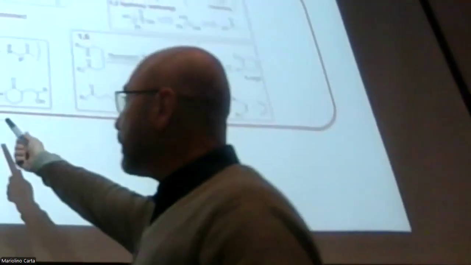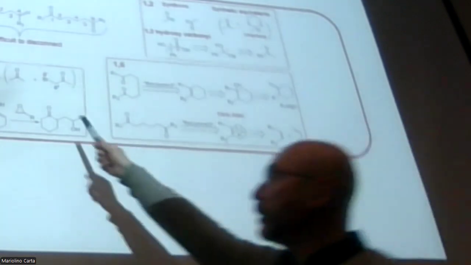The 1,4 are probably, between 1,2, 1,4, and 1,6, the most useful from the organic synthesis point of view, because even though they are within the so-called illogical disconnections, the synthetic equivalents that you need to use to do 1,4 are actually more familiar. We use them a lot more than other things, especially the top one here.